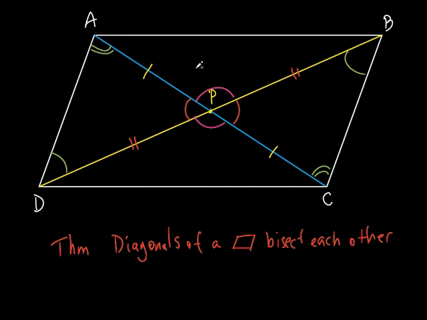Parallel lines cut by a transversal, right? Alternate interior angles are equal. Or actually, you don't even need to know those triangles are congruent. If this angle and this angle are equal to this one and this one, the third angles are equal because of the third angle theorem. Okay? Is it coming to you now?